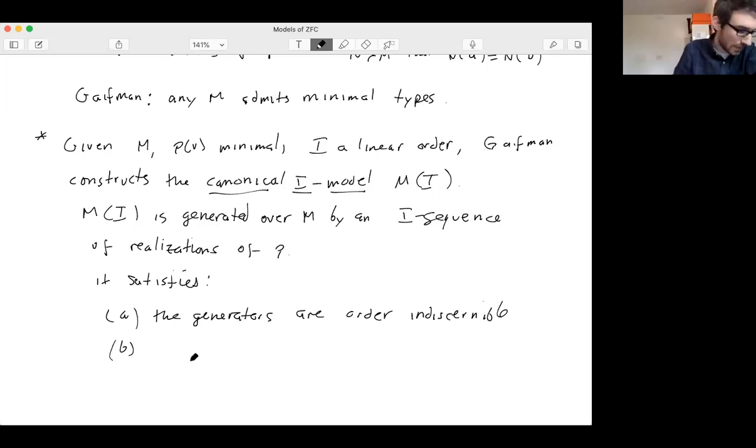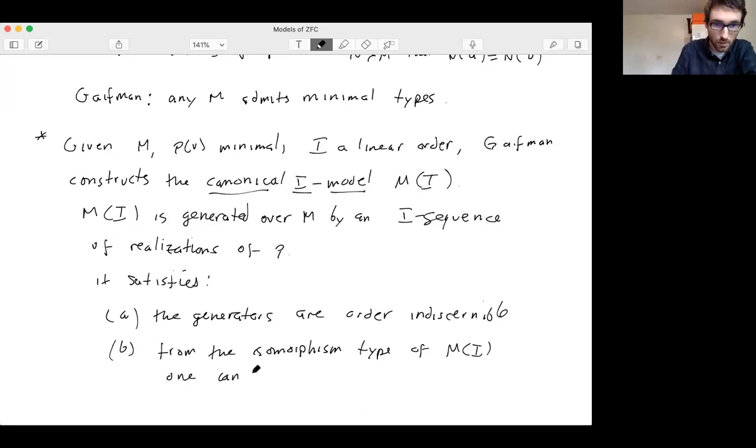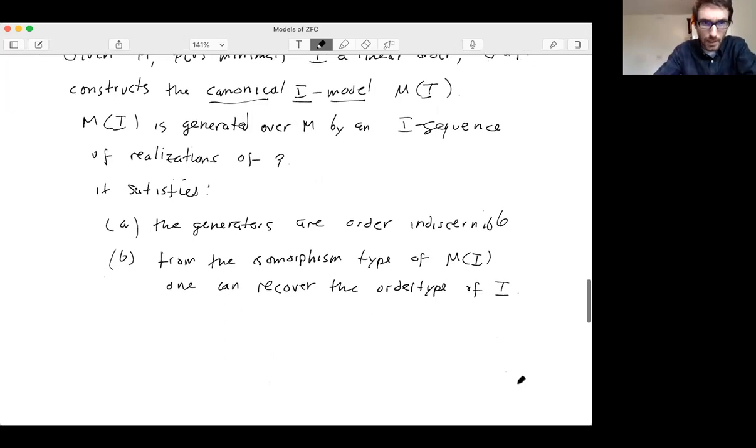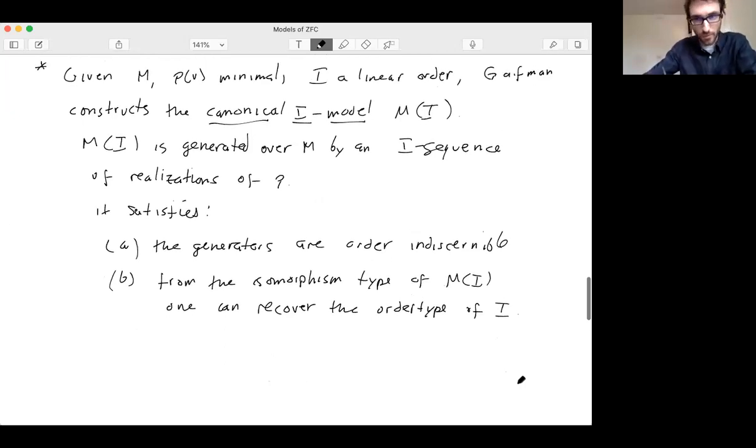And from the isomorphism type of M(I), one can recover the order type of I. Among many other useful properties that I don't use.